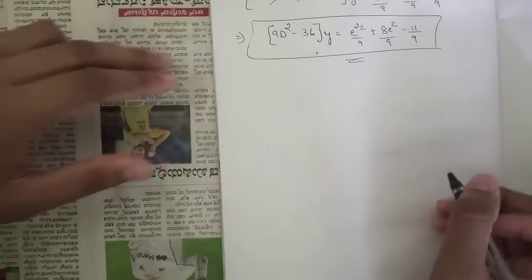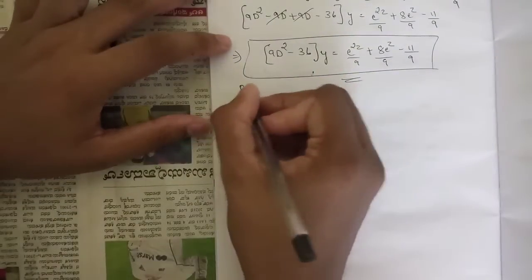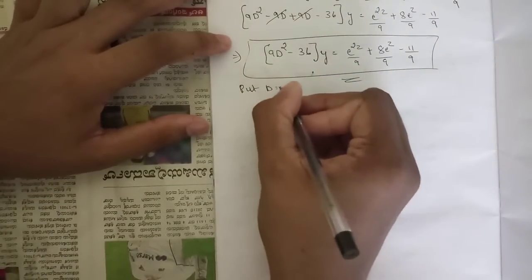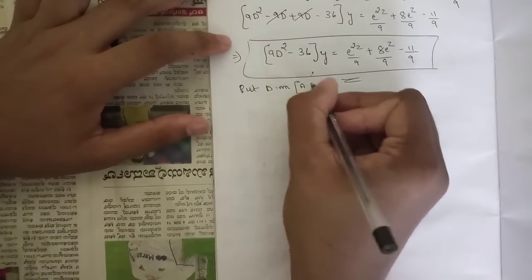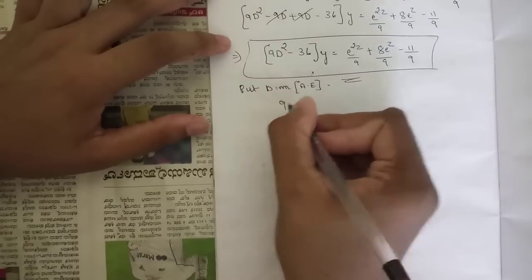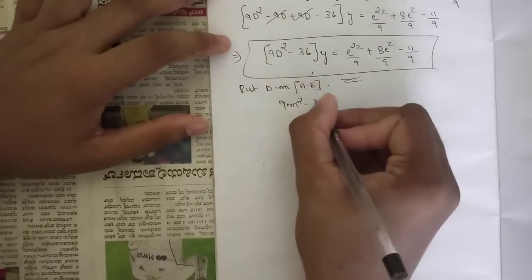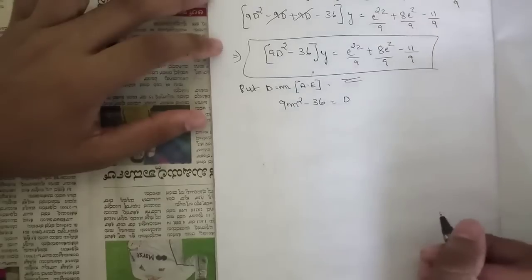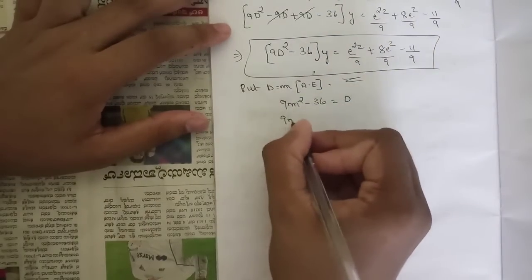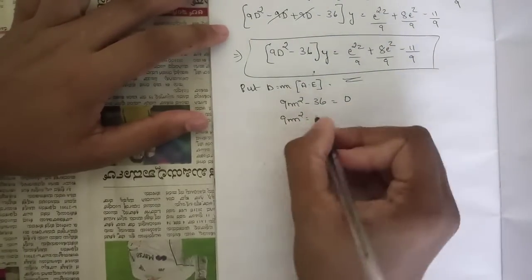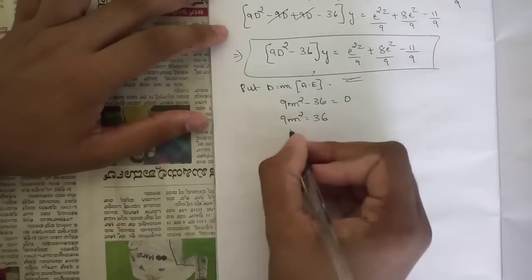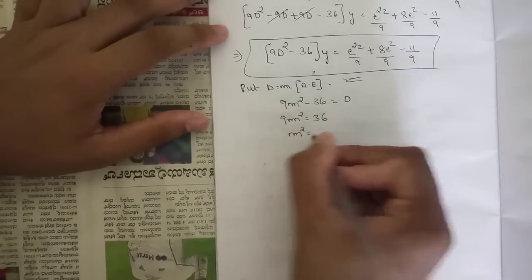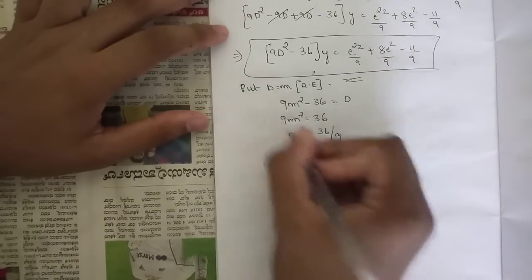Okay, so now the rest of the thing remains the same again. Put D equal to m, auxiliary equation condition, so 9m square minus 36 is equal to 0. So bring this 36 to the other side, equal to plus 36. So m square we get as 36 by 9.